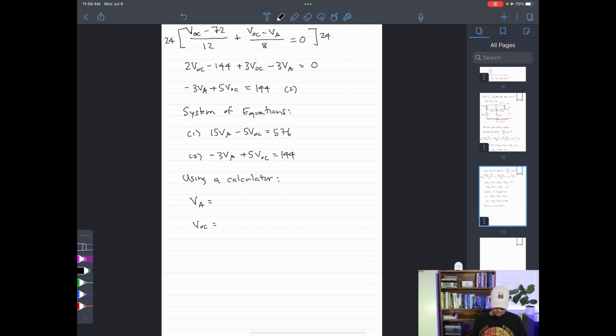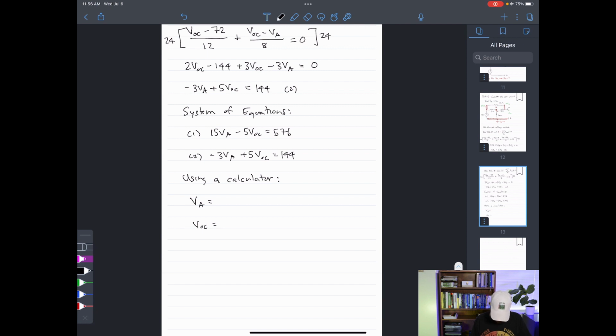So here I have a system of equations calculator. This is a system of two equations with two unknowns. So the first one is 15 VA minus 5 VOC is equal to 576.